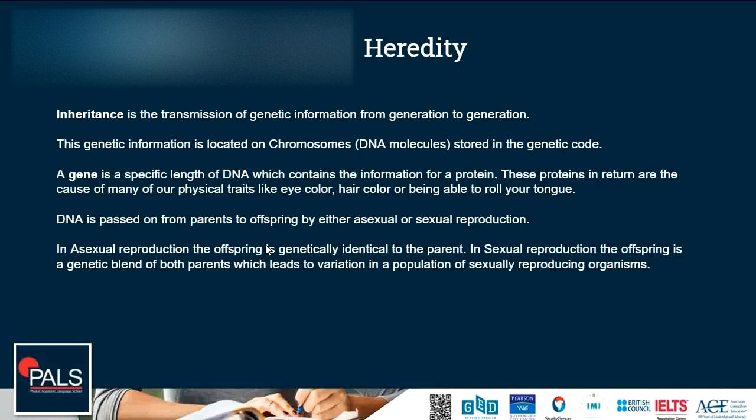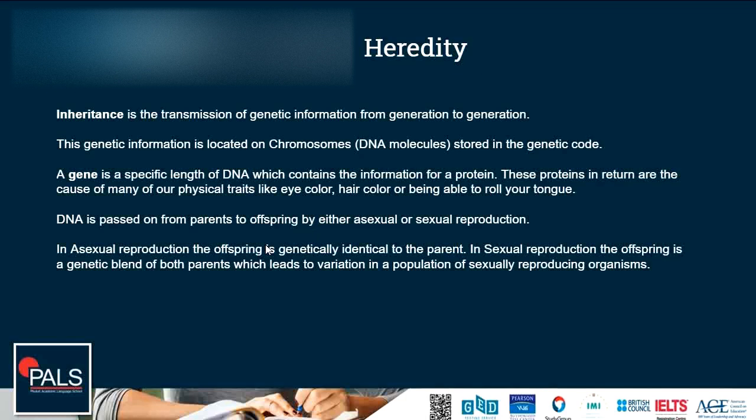Since this half from each parent is very variable, sexual reproduction leads to a lot of variation in a population, which later allows for evolution and natural selection to occur, which we will talk about later.